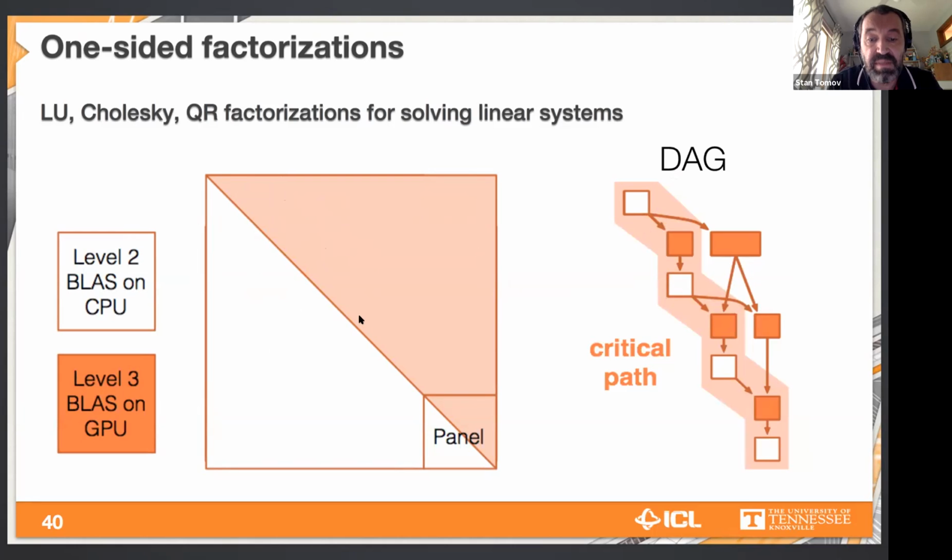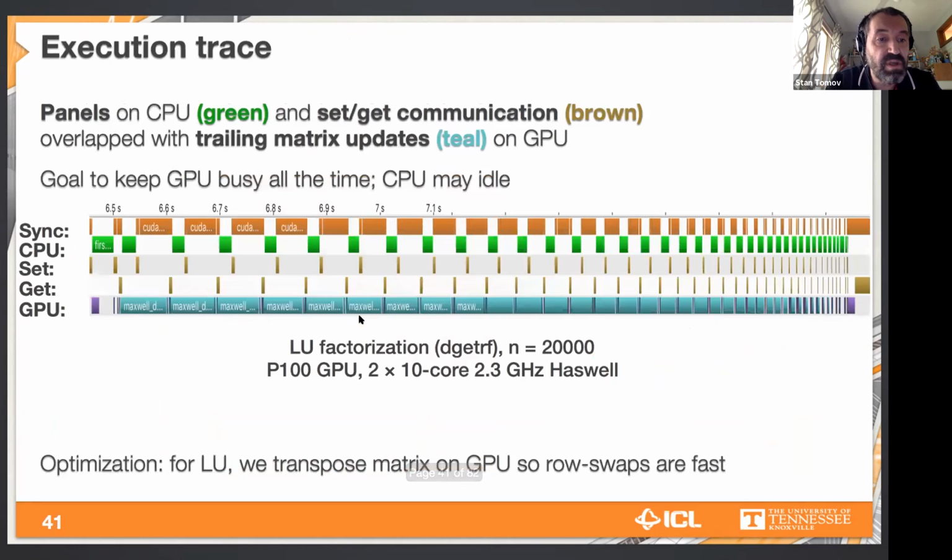So these are matrix multiplications. When it's done correctly, one can overlap a lot of the work as shown on this trace. So this is what the GPU is doing. As you can see, it's totally busy and also overlaps the work that the CPU would do on the panel. So as a result, you get the routine running as fast as you can run the GEMMs on the GPU.